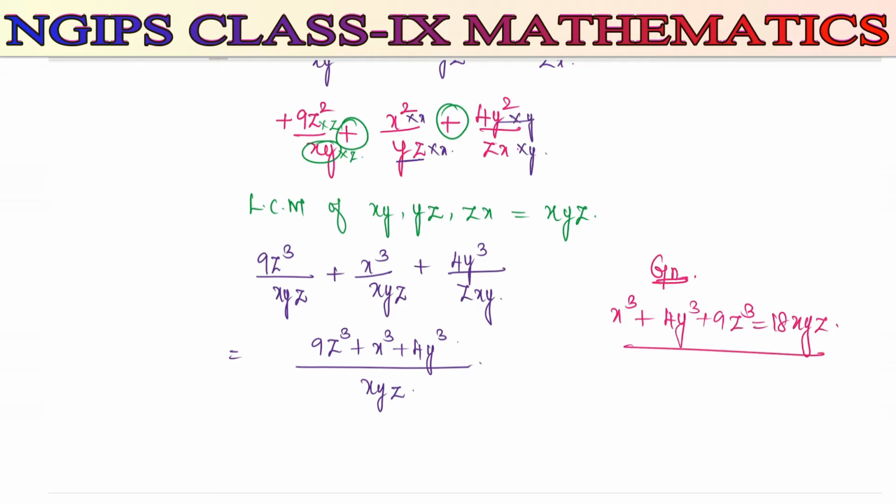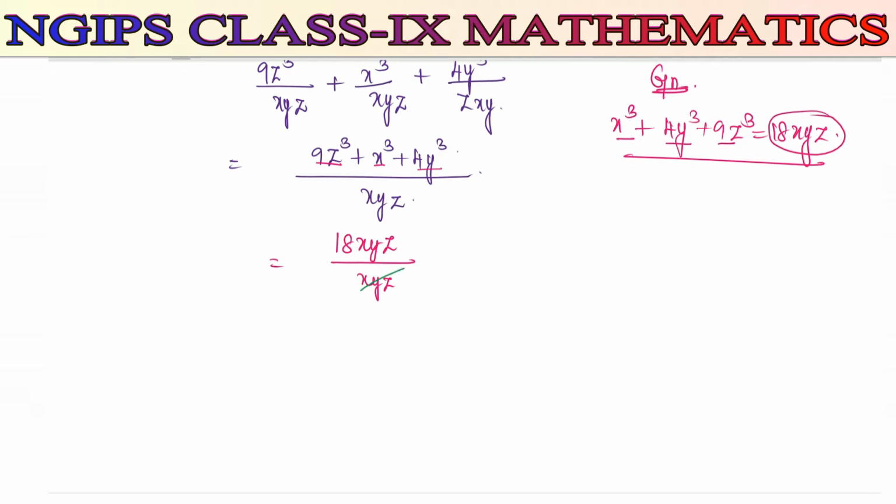We have 9z cube, x cube, and 4y cube, so instead of this value I can substitute 18 into x into y into z. So 18xyz divided by xyz. Further, if we simplify, xyz gets cancelled. So finally the answer is 18.